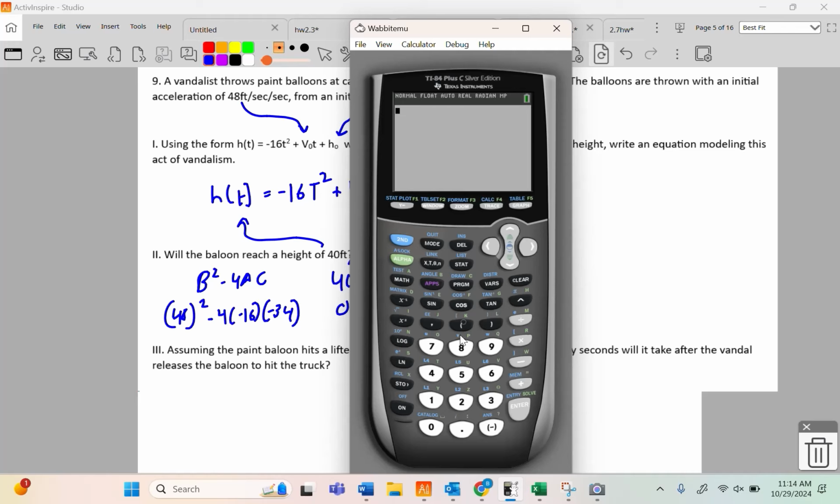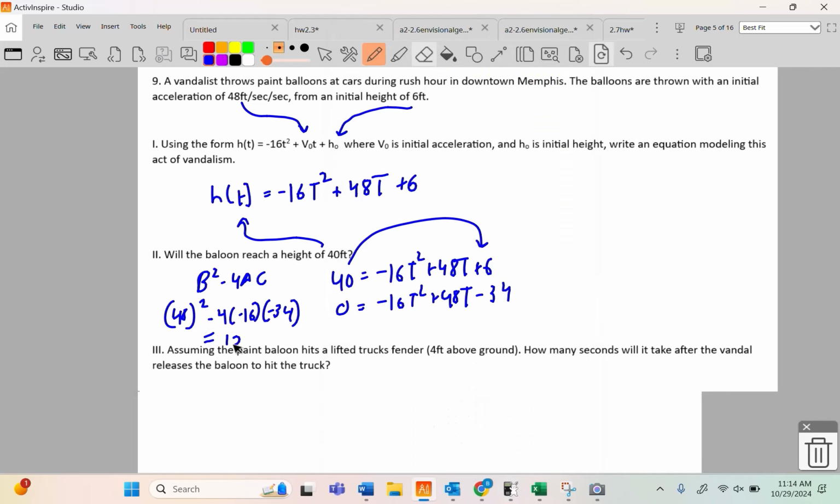So I got a 48 that's squared minus 4. This is a good chance of being negative. Times a negative 16 times a negative 34. And I got 128. Now, the deal about b squared minus 4ac, in this particular example, it's bigger than 0, which means I have two real solutions.